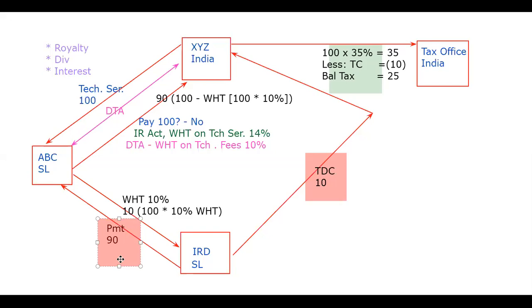ABC company will show it to the bank: this is, we have paid taxes 10% to the Inland Revenue Department, this is the confirmation, please release this 90. Then only is the bank allowed to release this 90 to the respective Indian company. Is it clear?